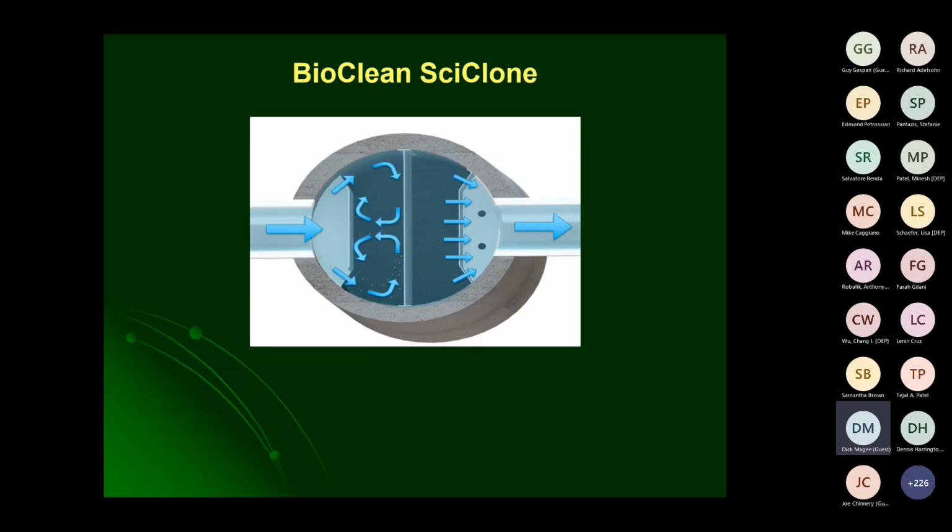Next slide will show you a little bit more detail. It's a clever design. It comes in, it hits this deflector plate, causing 2 rotating vortices behind the plate. That increases, through vortex motion, enhanced settling as the particles get removed to the wall.